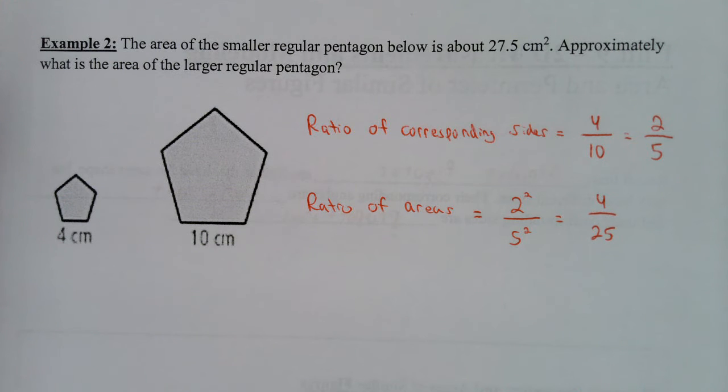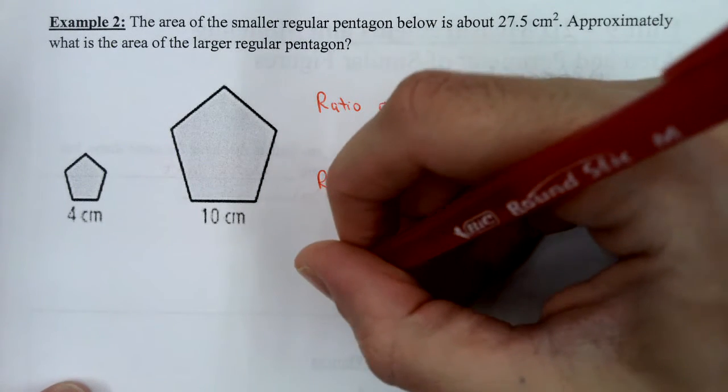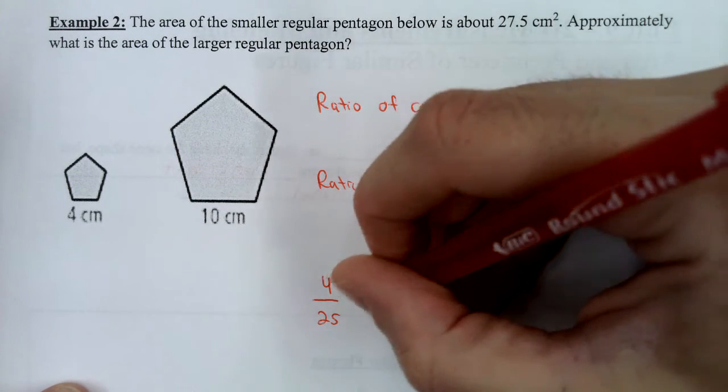Now we're going to solve for the area of the larger pentagon. We're going to have to use a proportion. The ratio of the areas is 4 over 25, so I'm going to do 4 over 25 equals.